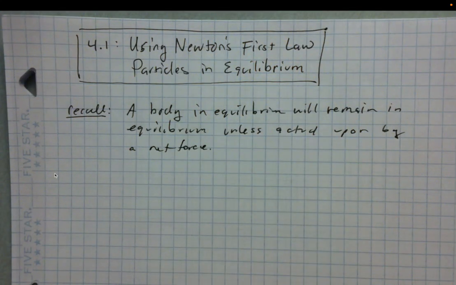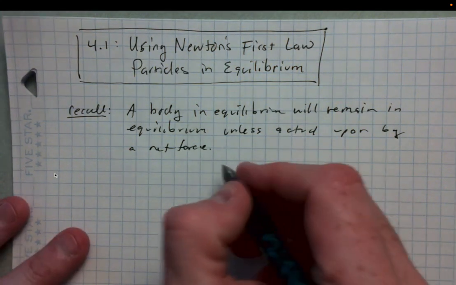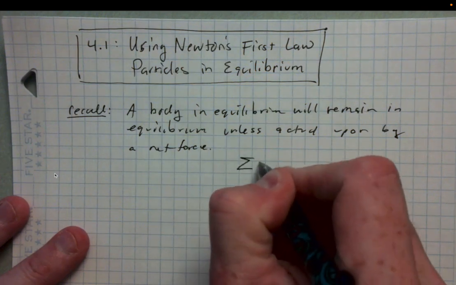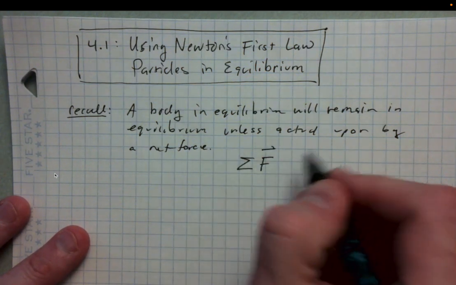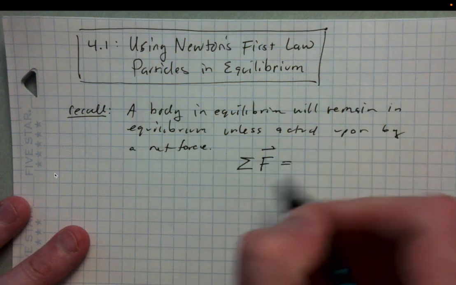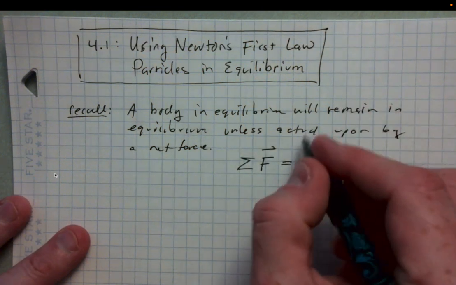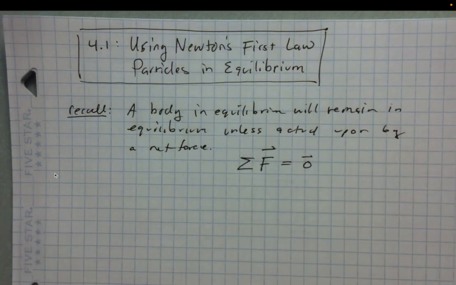That's one way. Okay. And so mathematically, we know what that means is that if we sum all the forces acting on a body, and the body's in equilibrium, then all of those forces acting on it will equal 0. Okay? And so that's really the key to the coming three problems.